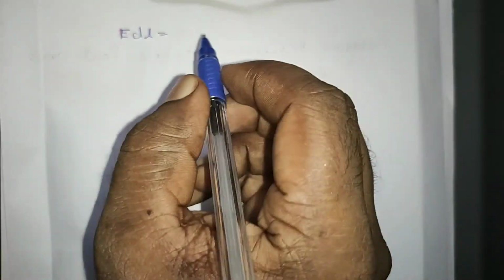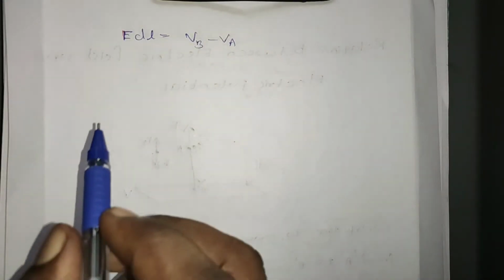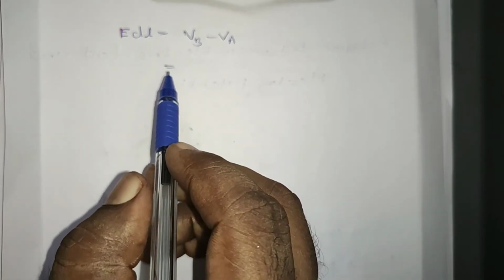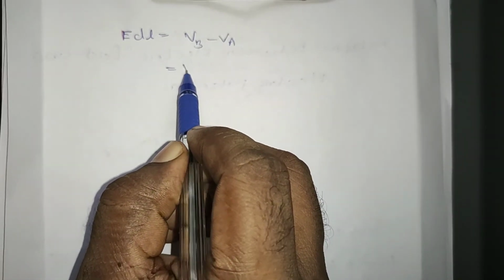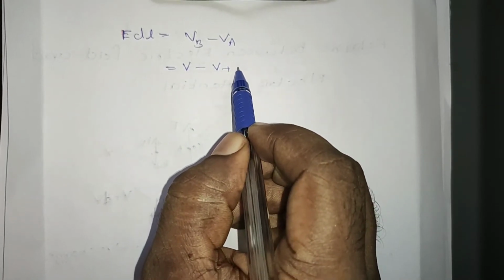E dl is equal to VB minus VA. So what is VB? VB is the potential we already took as V. What is VA? VA is equal to V plus dV.